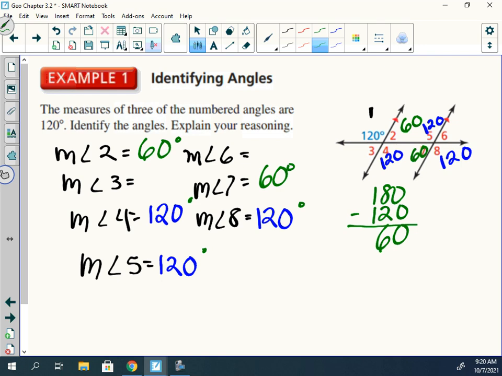So we're just missing 3 and 6. What are 2 and 6? Corresponding angles are going to be the same. So angle 6 is 60, and angle 3 is 60.